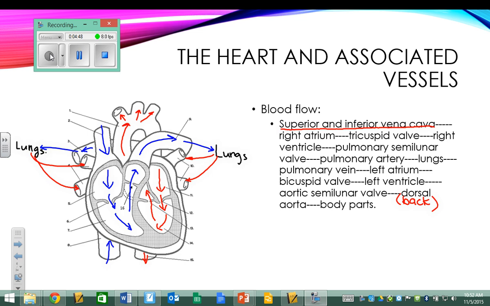So it is important to know in which order blood is flowing. Now you could do this with a picture of the heart. You could do it with words, like I've done on the right side. And I'm going to make another type of sort of visual organizer that's not an anatomical picture of the heart, which sometimes people find difficult to interpret, just so that you can get the path down.